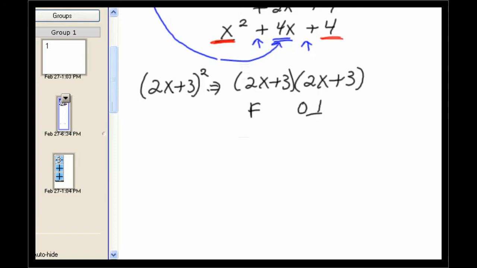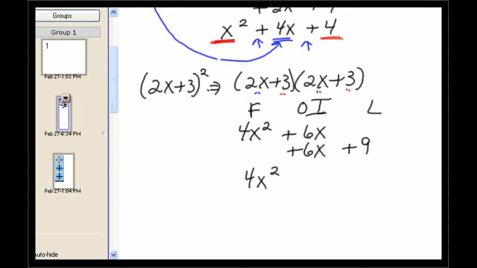Here's our word FOIL again to help us keep track of our products. 2x times 2x is 4x squared. 2x times 3 is plus 6x. 3 times 2x is another plus 6x. And finally, 3 times 3 is 9. Combining like terms, 4x squared plus 12x plus 9.